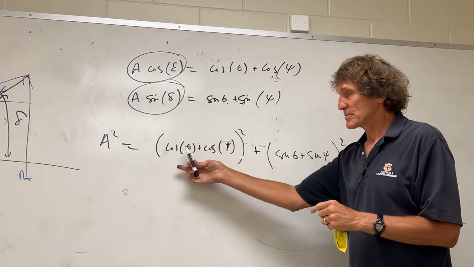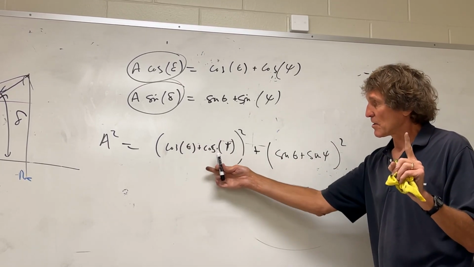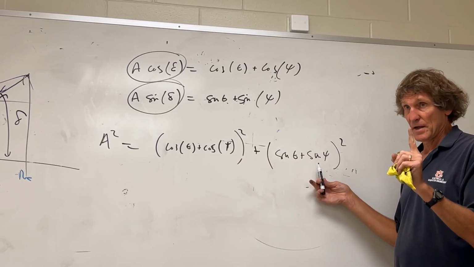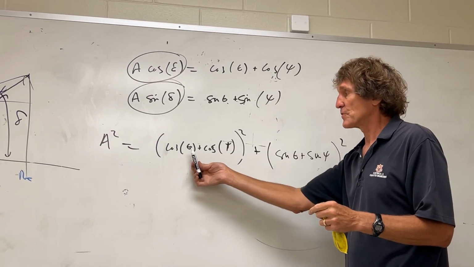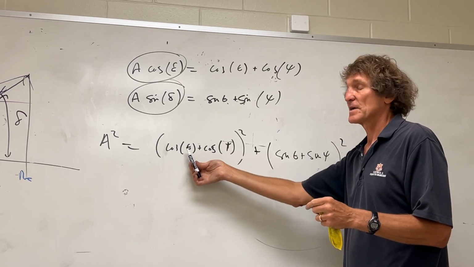Well, cosine squared of theta plus sine squared of theta is 1. Cosine squared of phi plus sine squared of phi is 1, right? So I have 2. And then I have 2 times cosine phi, cosine theta here.